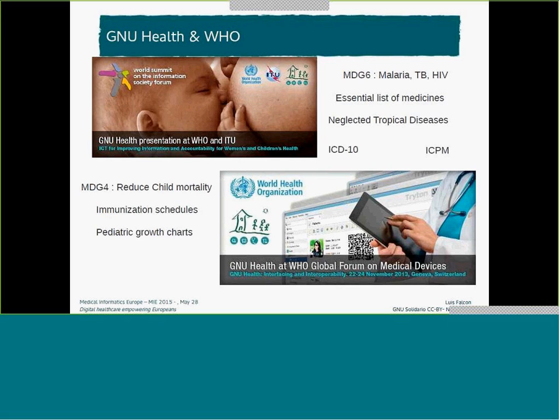We operate on the WHO standards and the development goals 6 and 4, working with the NTDs, the neglected tropical diseases. We use the essential list of medicines.